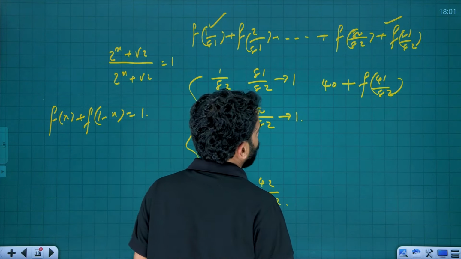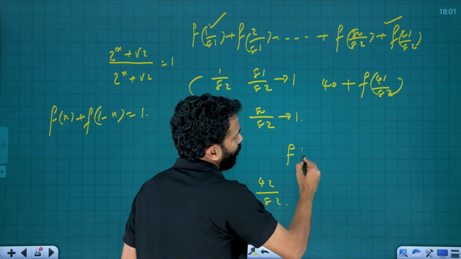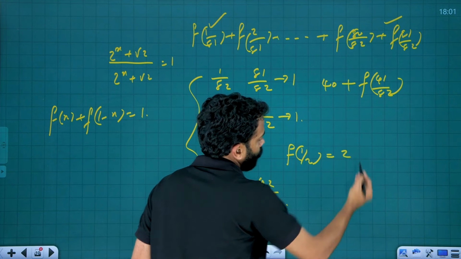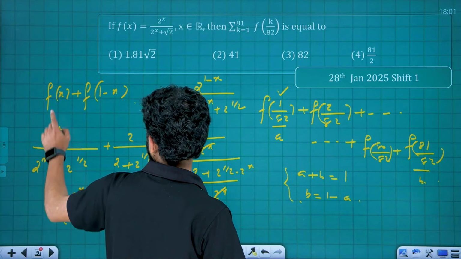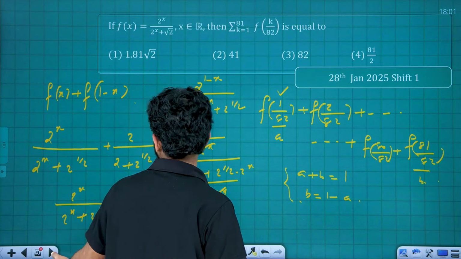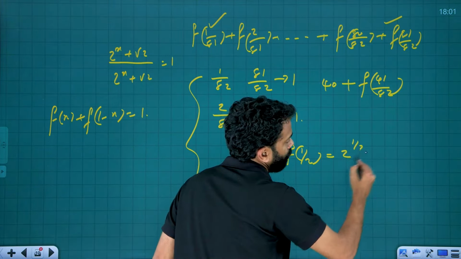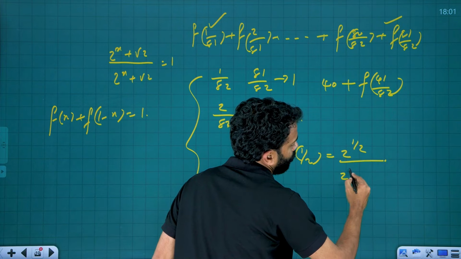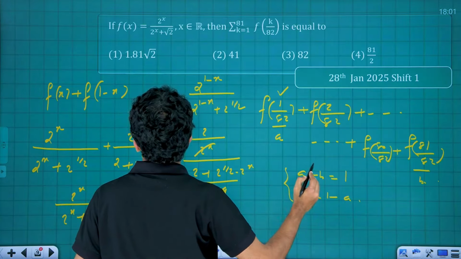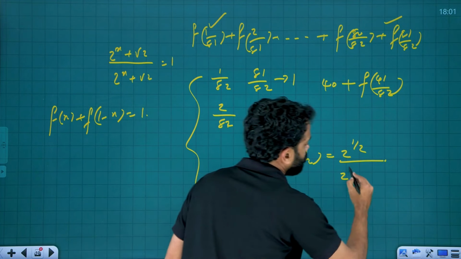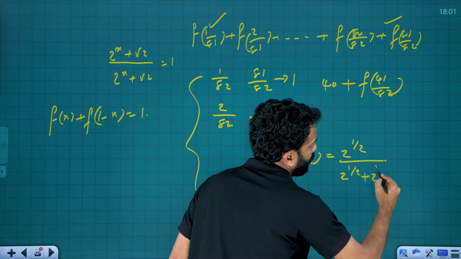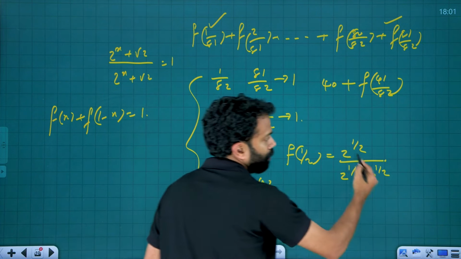Okay. So, what will be f of 1 by 2? F of 1 by 2 will be 2 raised to 1 by 2 divided by... okay, sorry, I need to check that again. 2 raised to 1 by 2 plus 2 raised to 1 by 2 plus 2 raised to 1 by 2. This is 2 into 2 raised to 1 by 2.